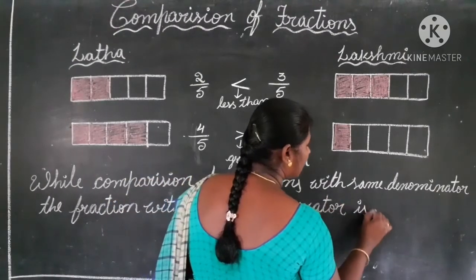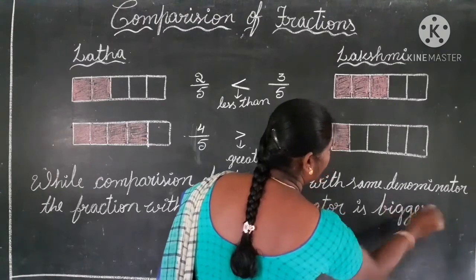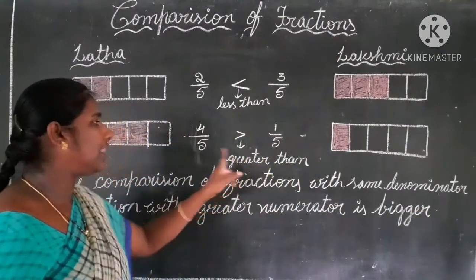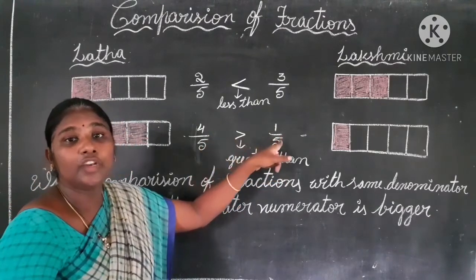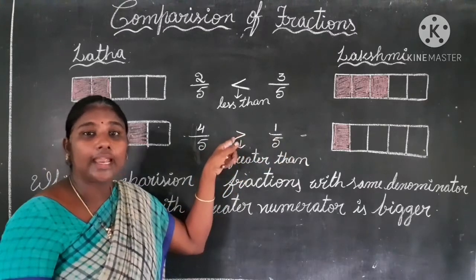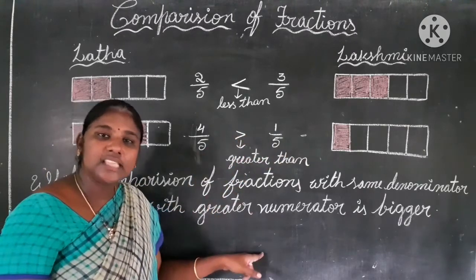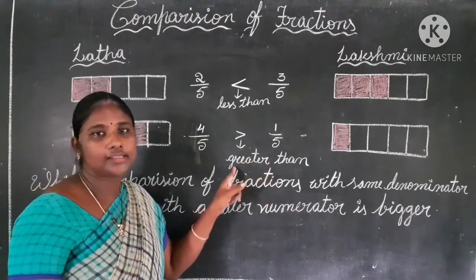If you observe here, when the denominators are the same, the fraction having the greater numerator is the bigger one. This is called comparison of fractions.